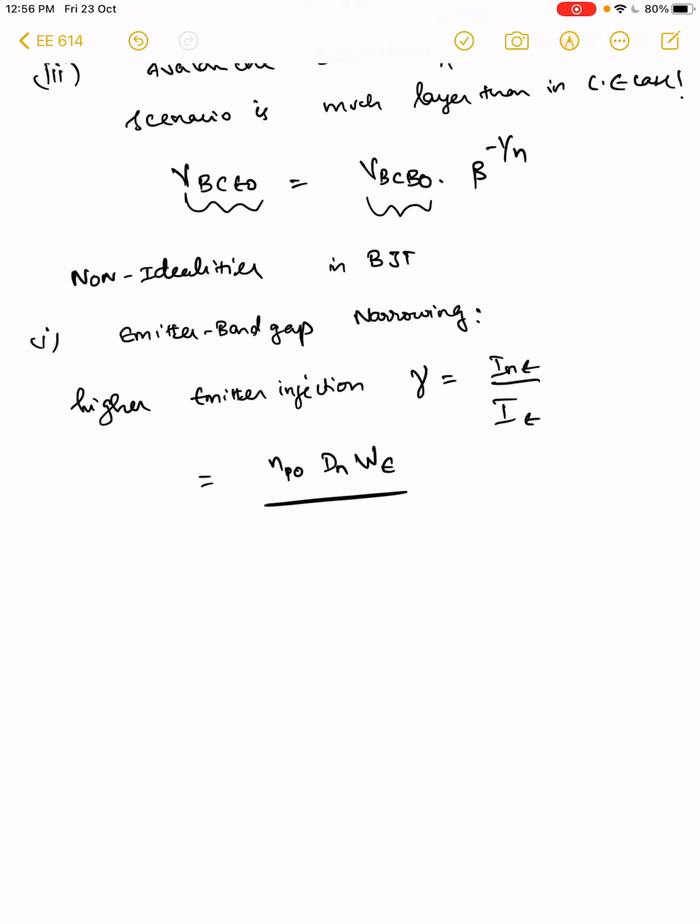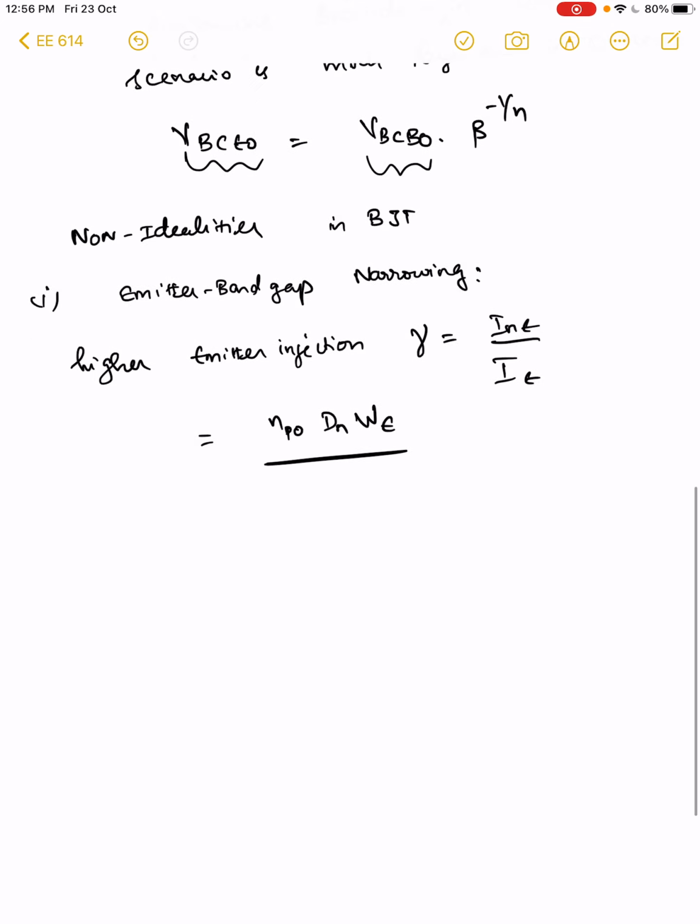If we look back at the INE, you will know what I'm talking about, and IE will turn out to be Pn naught Dp Lp tanh W by Lp.